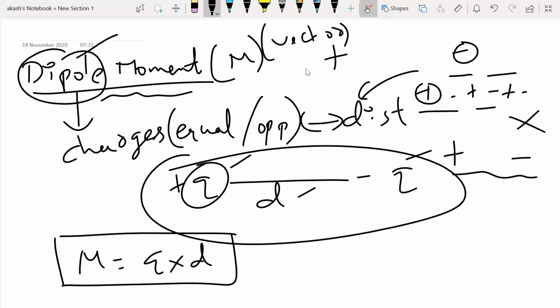But again, we are not going to speak about ionic compounds. We are going to speak about dipole moments for covalent compounds, because from the structures you will be able to understand, it is more significant with the dipole moment in covalent compounds. Okay, fine.